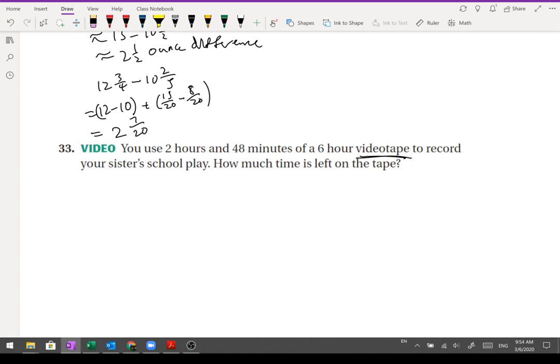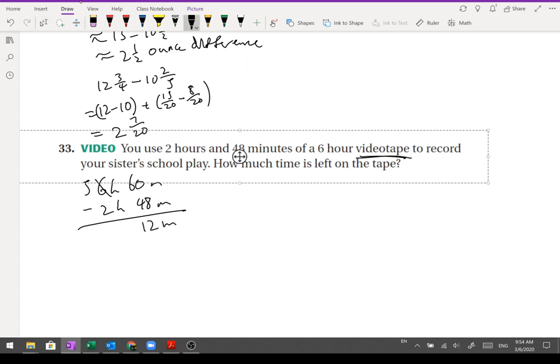But anyways, moving on. 6-hour videotape. That's how much recording time there is. And if we use 2 hours 48 minutes, how much time is left on the videotape? So it's going to be 6 hours and 0 minutes, subtract 2 hours and 48 minutes. We're going to borrow from the hour. That's 5 hours and then 60 minutes. 60 minus 48 is 12 minutes.